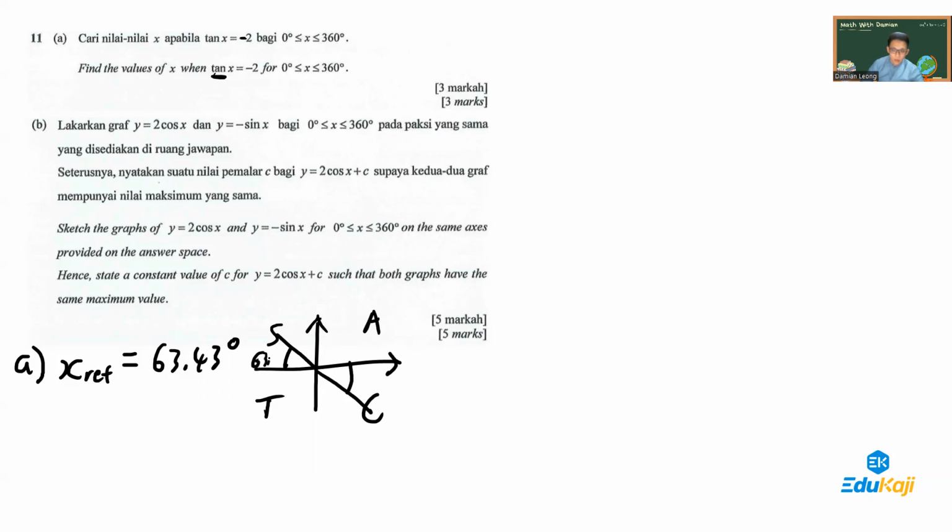So here is 63.43, here is 63.43. What we want is the general angle, which is until here, basically 180 minus 63.43, or up until here, which is 360 minus 63.43.